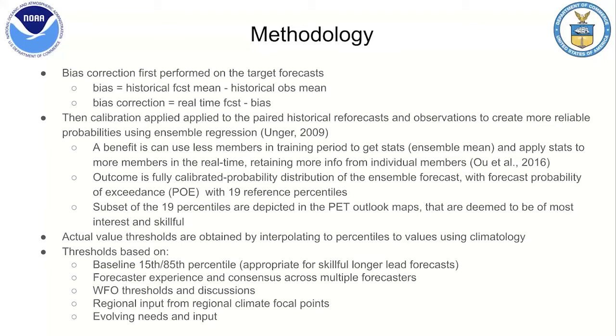All the thresholds evolve over time, especially with any changes to what would be deemed impactful to a region. So over time, we continually discuss with stakeholders what they think would be most useful in terms of a threshold.